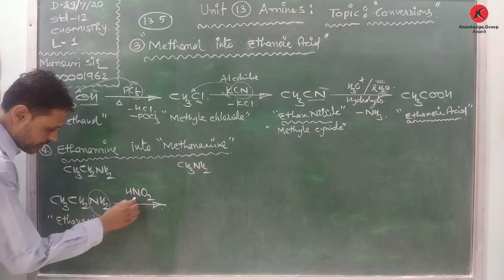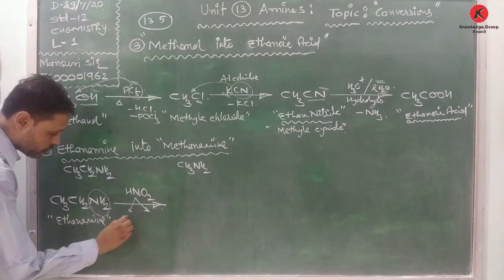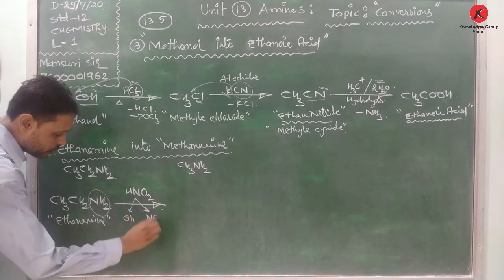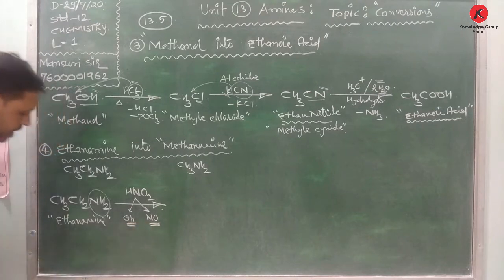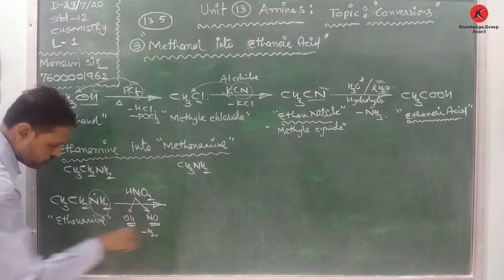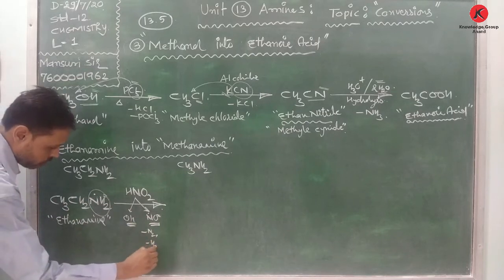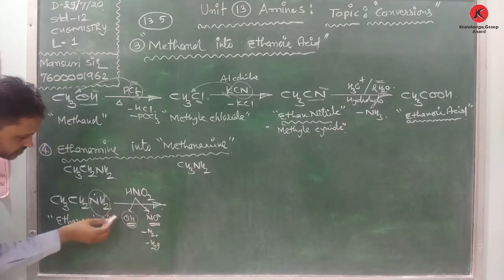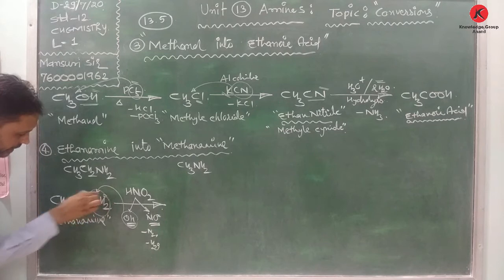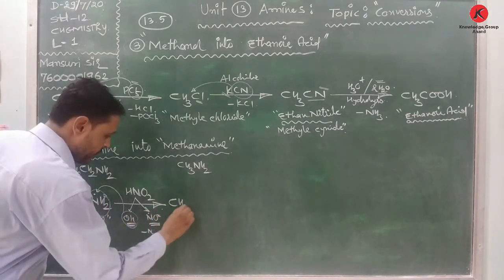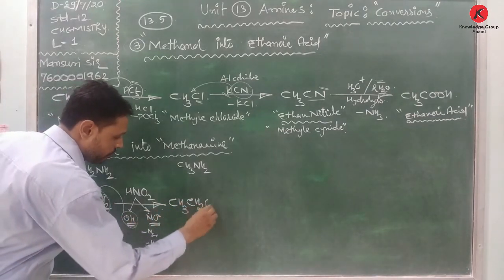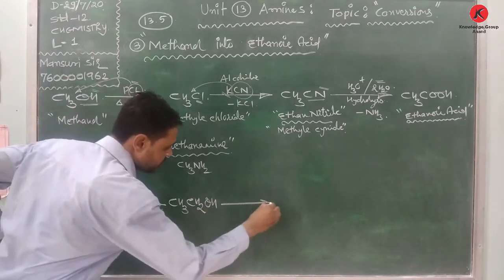Nitrous acid has two parts, OH and NO. Now N and N will make N2, H and O will make H2O, and OH will go toward this side. So ethanol is formed.